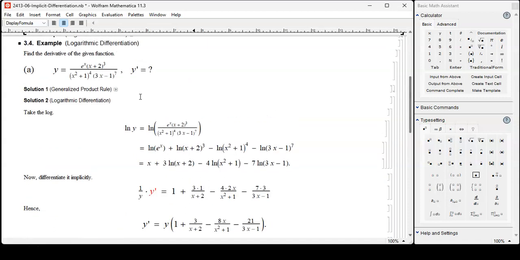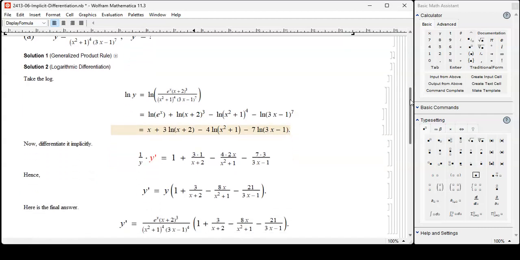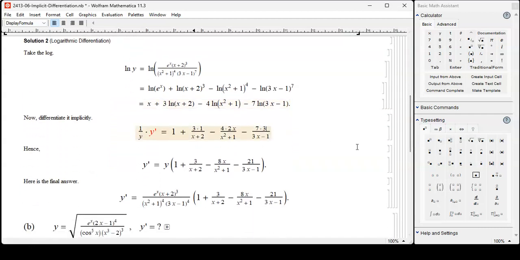Let's recap this problem. A humongous product or quotient of both. Take the log, break it up, numerators positive, denominators negative. Simplify by taking the power to the coefficient. Take the derivative implicitly.